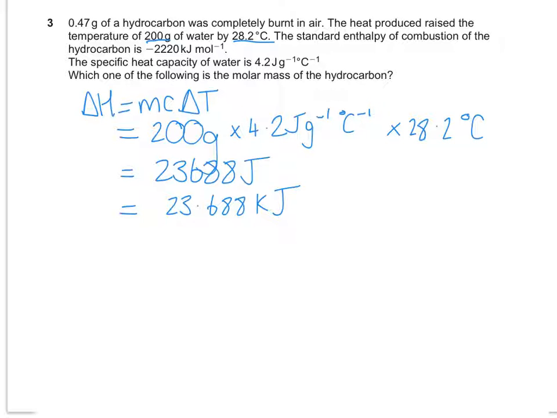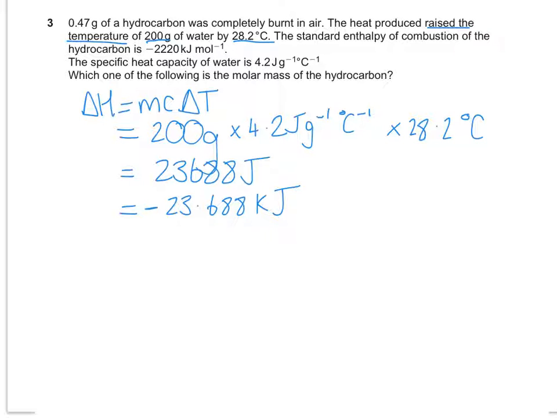Now, this is the enthalpy of combustion, so we know that it's going to be exothermic from that, but also you can see that we have raised the temperature of the water, and so that means heat has been given out, and so it is an exothermic reaction, and so we need to put in a negative sign here to show that it's exothermic.